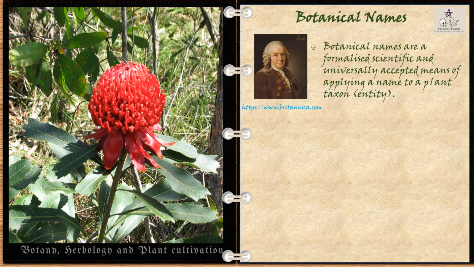And to me, they're a formalized, scientific and universally accepted means of applying a name to a taxon. Now, if you're not familiar with that word taxon, it means any entity we can discern as being different within a classification system.